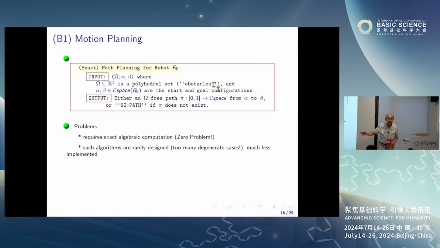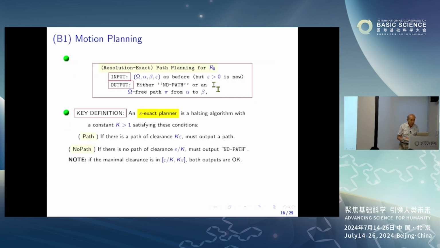Well, this is a difficult problem. It requires exact computation. And the algorithms are very hard to design if you really want to worry about all the degenerate cases. But what we propose is something called resolution exact.